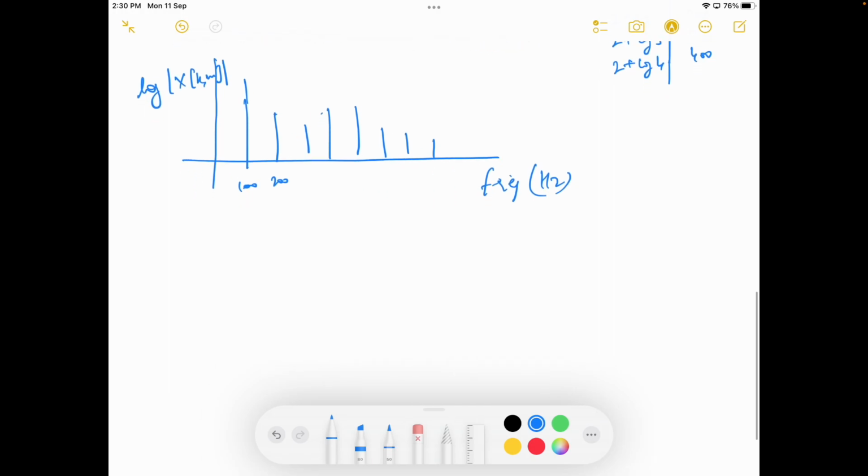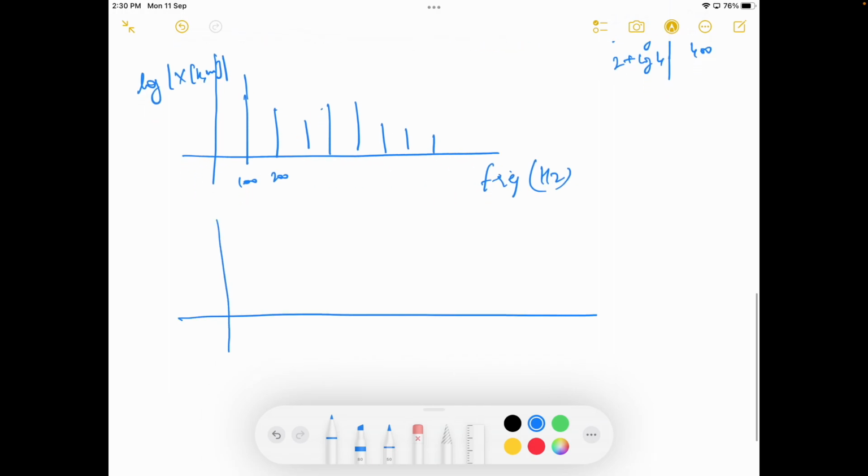So when I say E, it will be like this. The frequencies will be the same. But what has changed? This shape has changed.